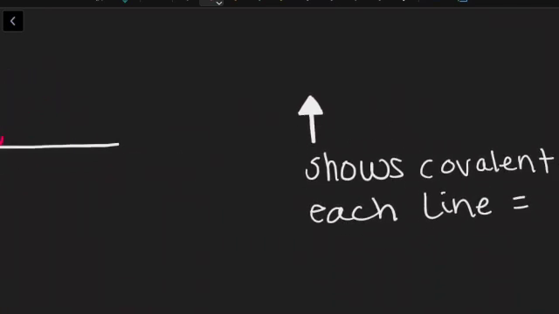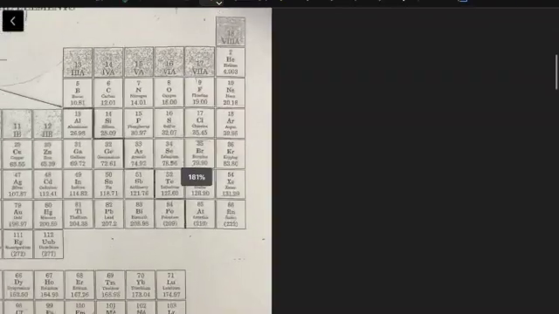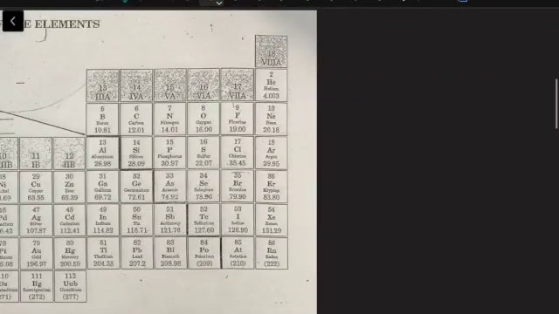Alright, let's go with oxygen. And we're going to bond it with another oxygen. Because remember, covalent bonds, they're from the same side. So, look on the periodic table, find oxygen. It is right here, group 6. So it has 6 valence electrons.